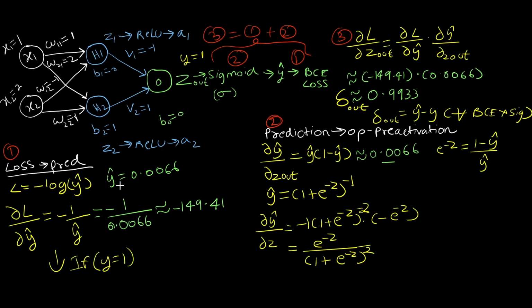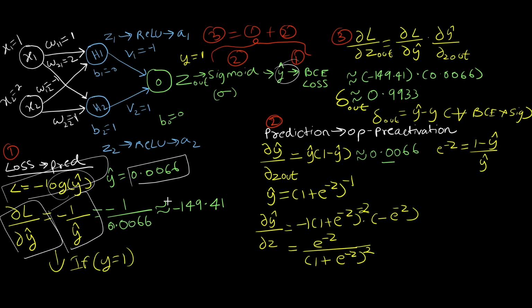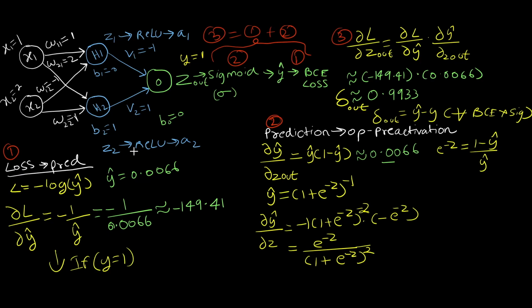So here we have the y cap value, and we're gonna first find the gradient with respect to the y cap, which is the predicted value of this loss function, because that's what we have here. So derivative of log x is 1 by x, so we have this here, and we're gonna substitute this value 0.0066 in order to get this gradient value. So this is from loss to the predicted value.